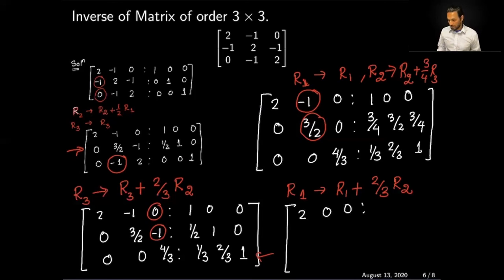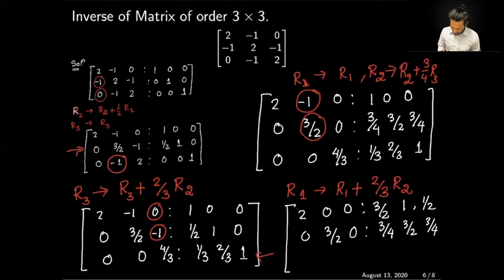and on the top row it will be 3/2, and then 1, and then this will be 1/2 here, and this will be 0 3/2 0, and this will be 3/4 3/2 3/4, same, no operation on here, 1/3 2/3 and 1.